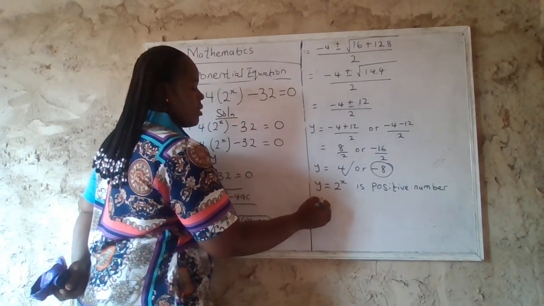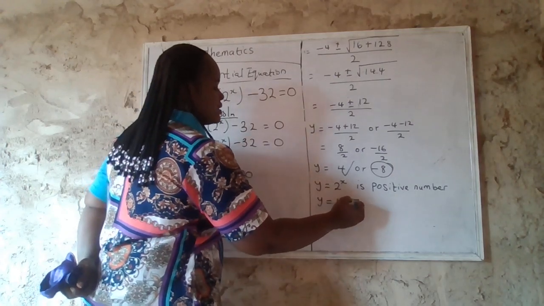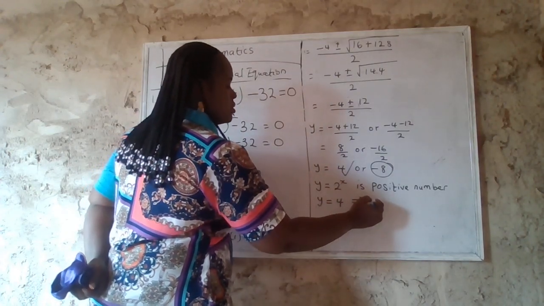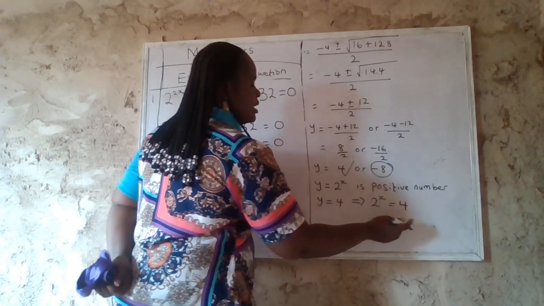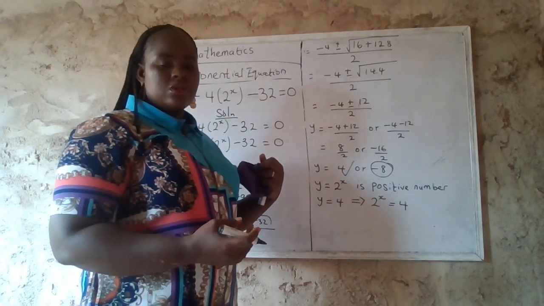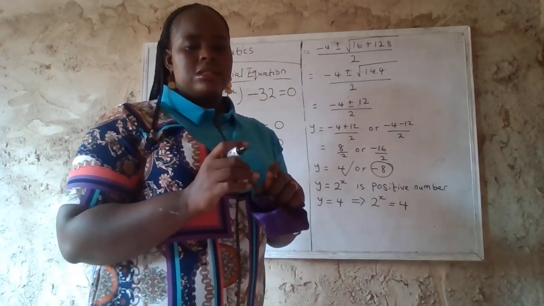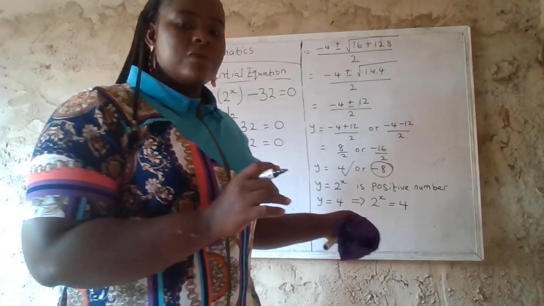So we have that our y is equal to 4, which implies that 2 raised to the power x is going to be equal to 4. Now this gives us exactly the type we solved in the previous video. If you have not watched the previous video, it is time to pause and go back to see how we solved it.